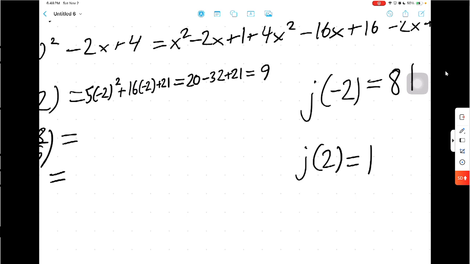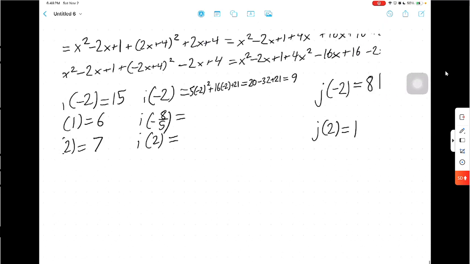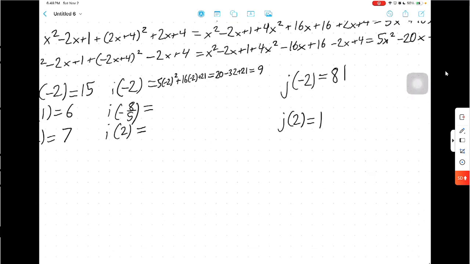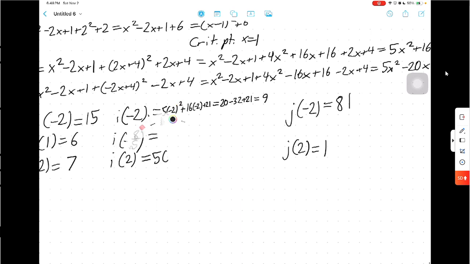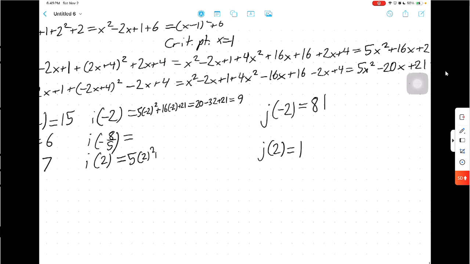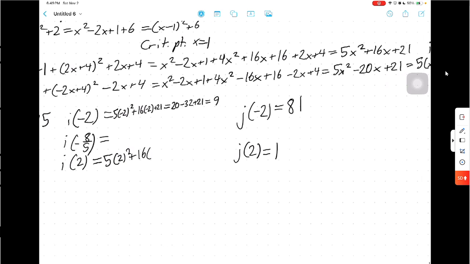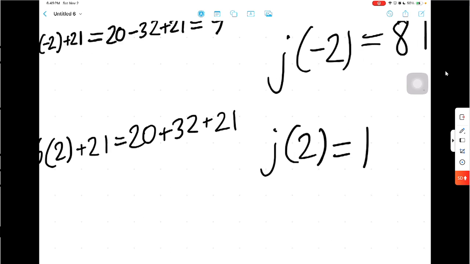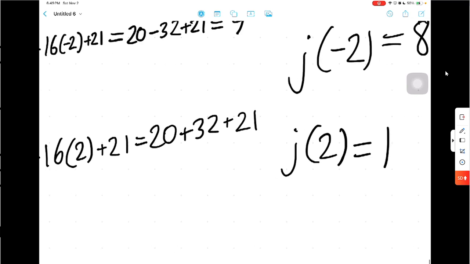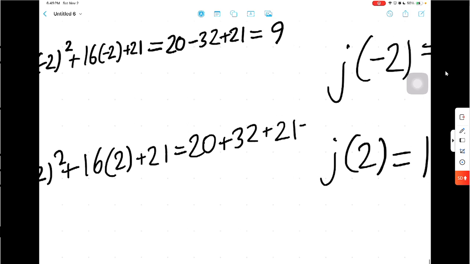Negative 12, this is going to be 9. I of 2 is 5 times 2 squared plus 16 times 2 plus 21: 20 plus 32 plus 21, which is 73.